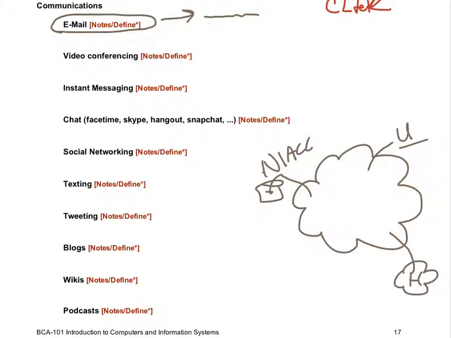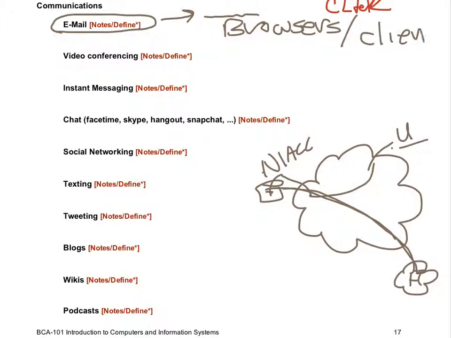I go into the NIACC email. This student sent me an email. I go into the email and I bring it to my house. Okay? Email is often sent through browsers, but it doesn't have to be. You can have what they call a client like Outlook, and there's other different clients. You have a client on your phone for email and so forth. So email uses the internet. It uses it to transport, but it's separate from the World Wide Web.